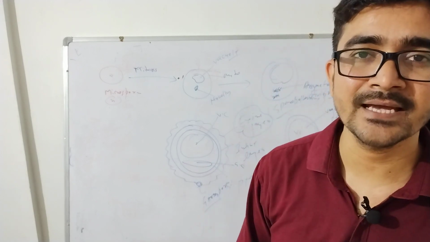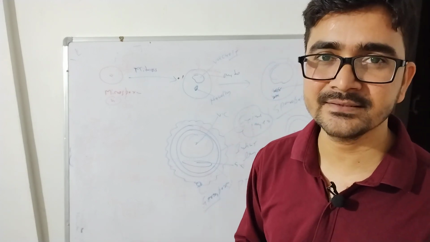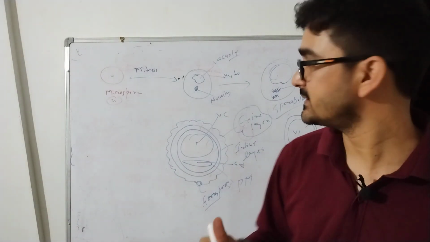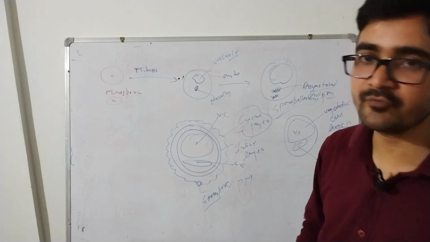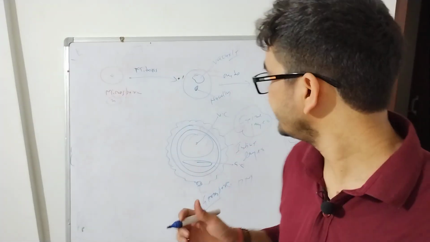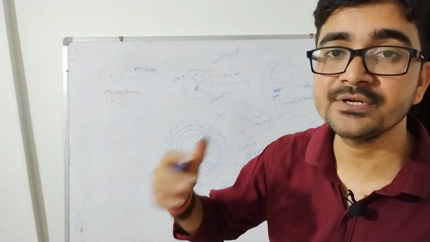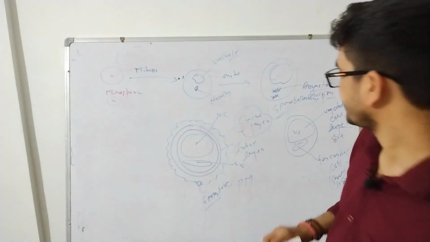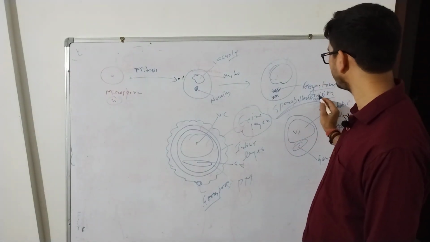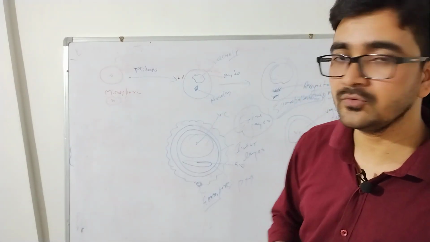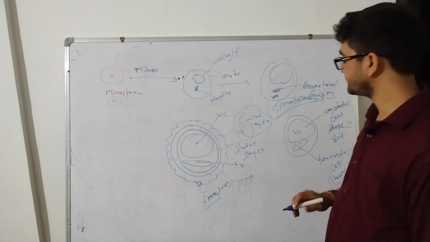No enzyme is till now present to dissolve this sporopollenin. Because of that property of sporopollenin, the pollen grain viability may be more than 10,000 years. Okay, because of sporopollenin. Why? No enzyme can dissolve this sporopollenin.